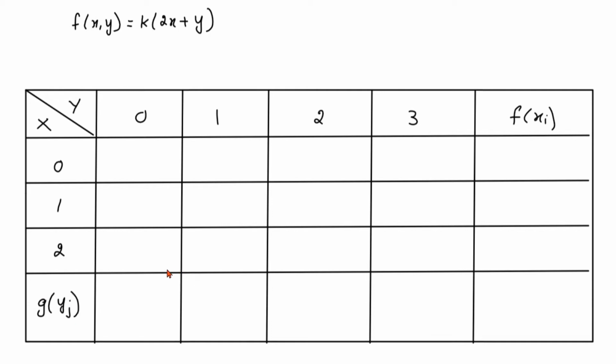What is the function given over here? The function given is f of x comma y equals k times 2x plus y. I'll take each set of values of x and y and evaluate the given function.